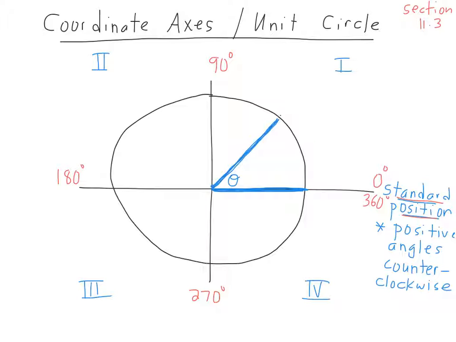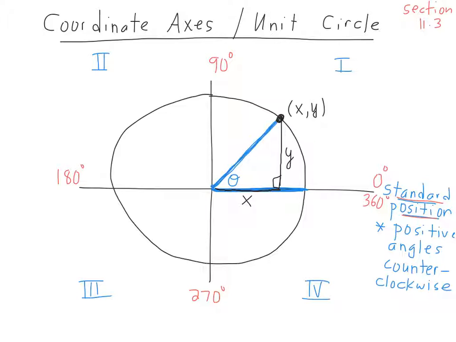And notice that right here we have a point on our circle. Now if we were to drop a vertical line here and make a right triangle out of this, this horizontal distance is x. It just goes to where the triangle ends, and then this vertical distance is y. So that would make this point x comma y.